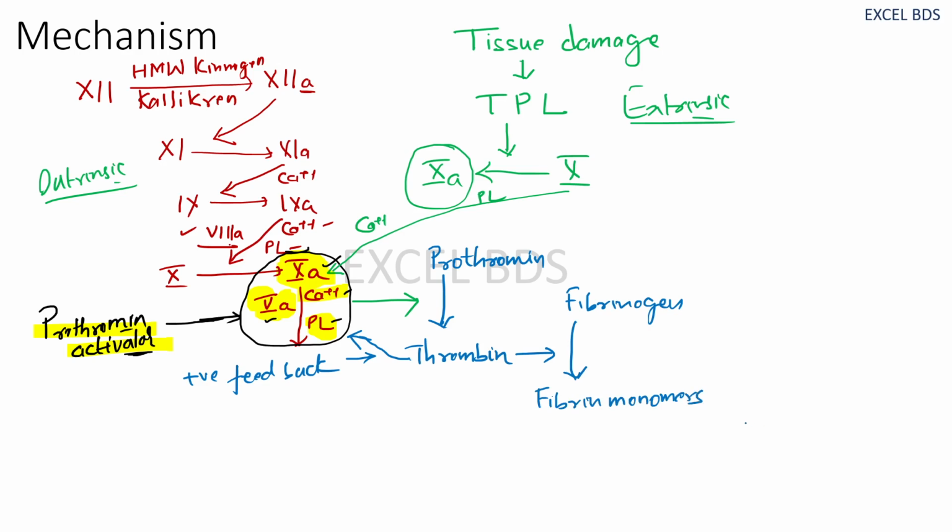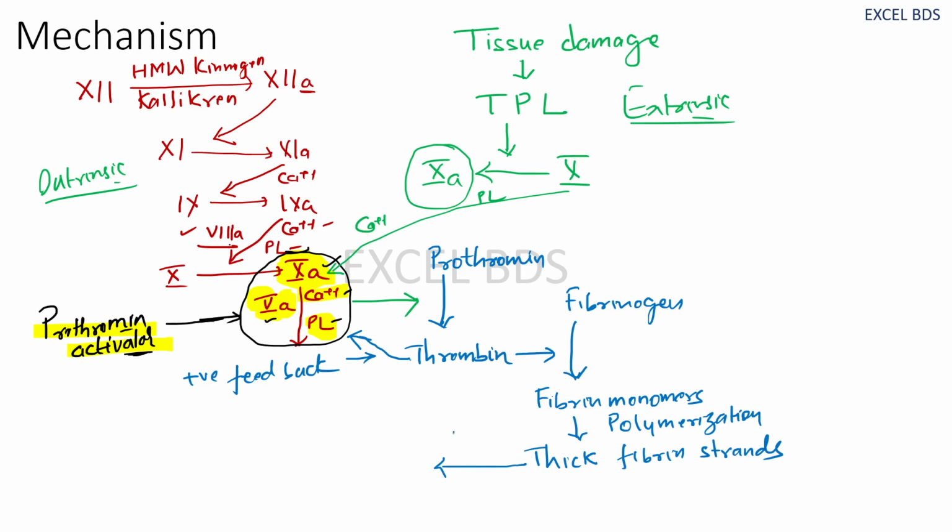These fibrin monomers undergo a process of polymerization, by which there is formation of thick fibrin strands. Now these thick fibrin strands are not stable.